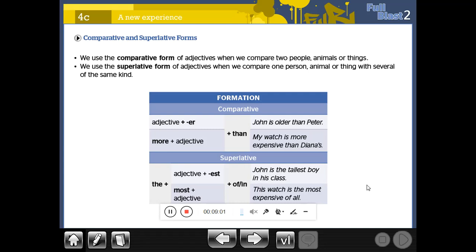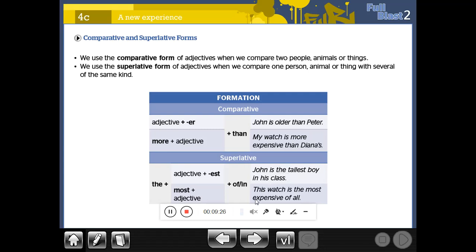No, between John and a class, and the class has more pupils. So here I add est to the adjective, the tallest boy, the tallest boy in the class. Okay, we add est and we put the before the adjective.